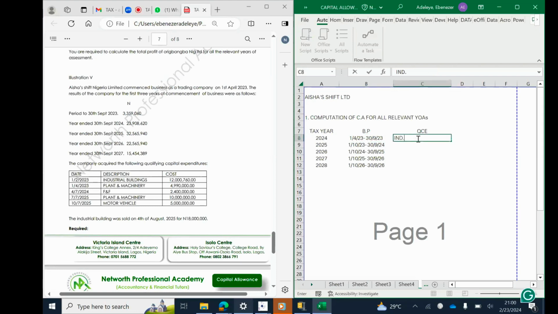Please, nobody is responding. The second one, plant and machinery, was acquired on 1st of April 2023, which was on the exact day of commencement. So it will also be here. There are two plant and machinery. Plant and machinery one will be here.